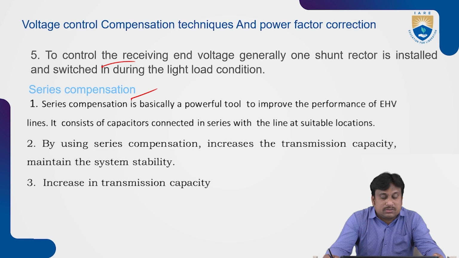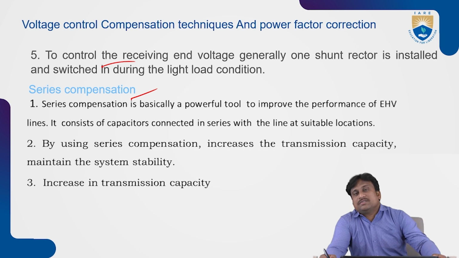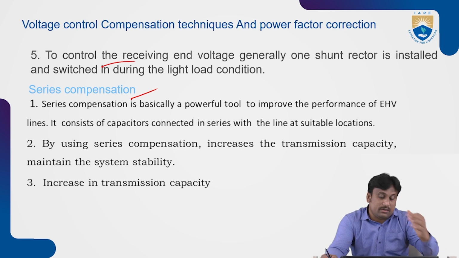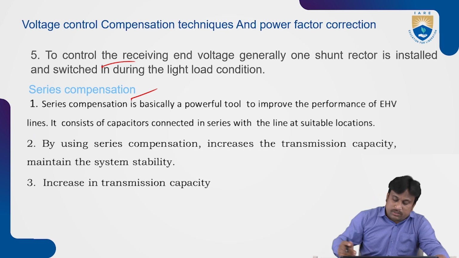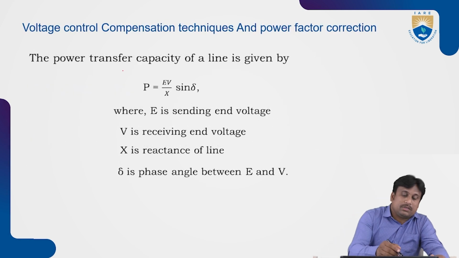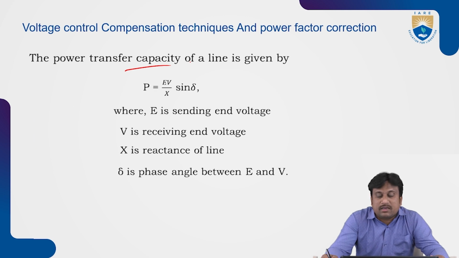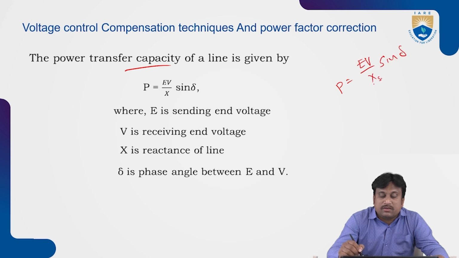An increase in transmission capacity means losses are reduced, and transmission efficiency keeps increasing. The power transferred by a line is usually represented by P equals EV by X sine delta.